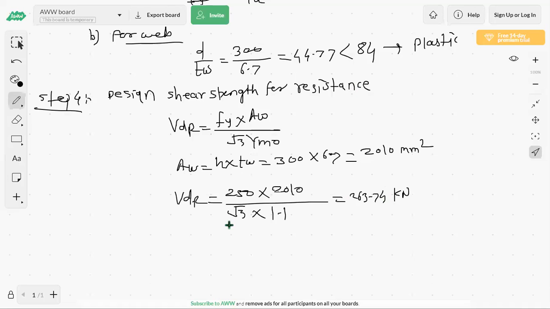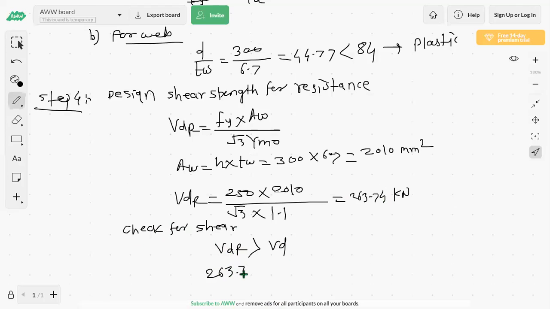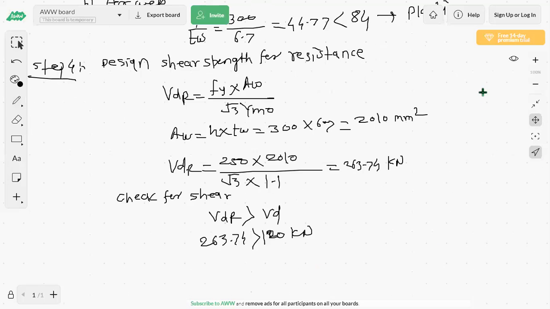Okay, so here we have to check. Check for shear: VDR should be greater than VD. VDR is 263.74 and VD is 120 kilonewton, correct?